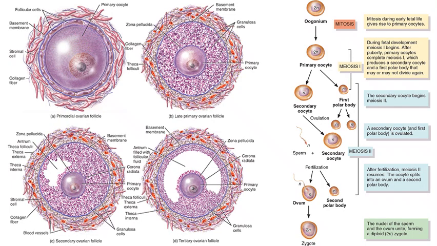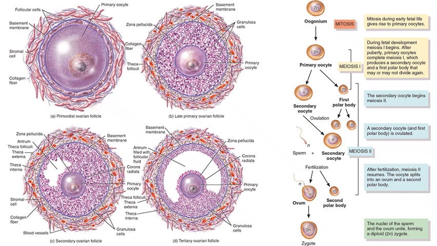Now, the secondary ovarian follicle eventually becomes larger and turns into a tertiary ovarian follicle. While in this follicle, and just before ovulation occurs, the diploid primary oocyte finally completes meiosis I, and it produces two haploid cells of unequal size, each with 23 chromosomes.